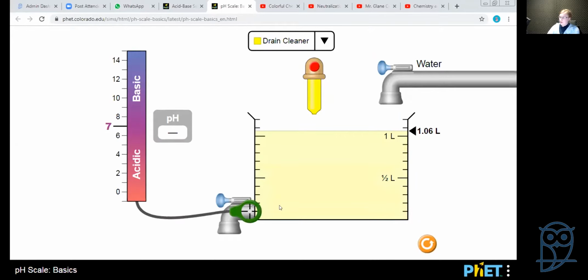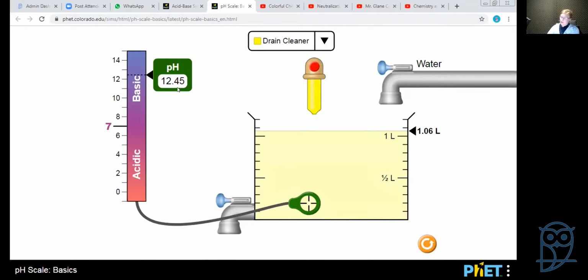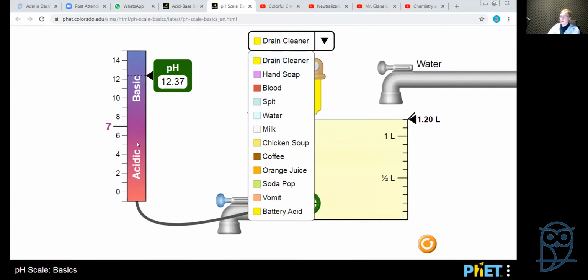You can measure the pH and it tells you what the pH is like. As we add some more base, you'll see the pH goes up. Take some of this out and add some more water, and that would make the pH go down towards the 7. So drain cleaner is a base, sorry.